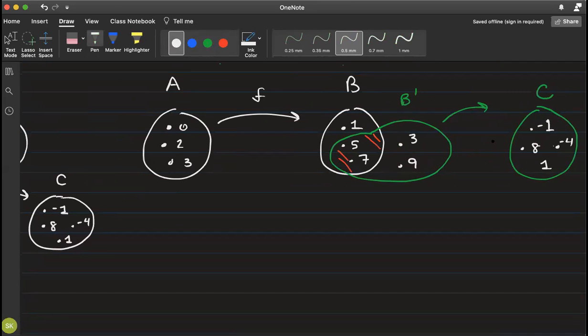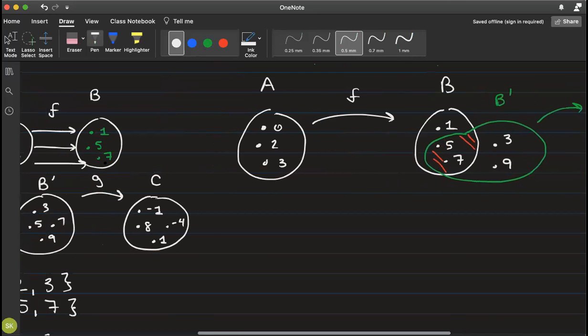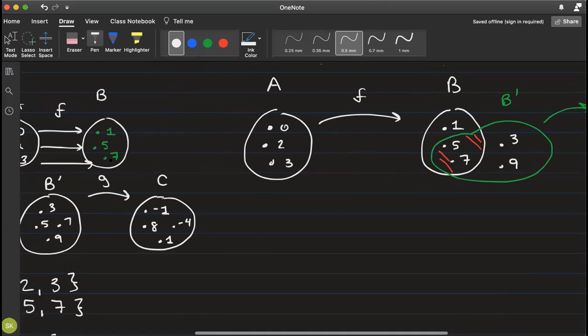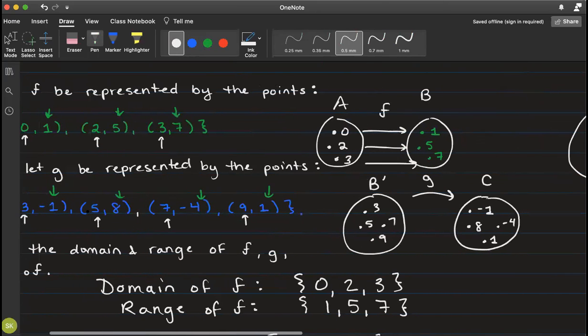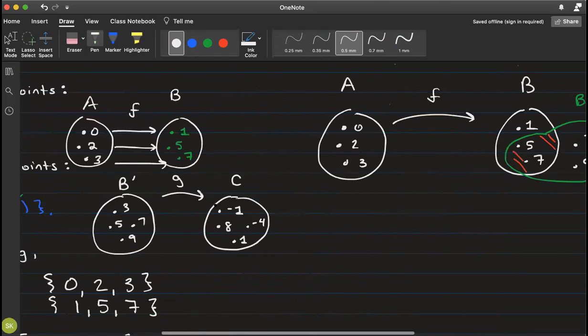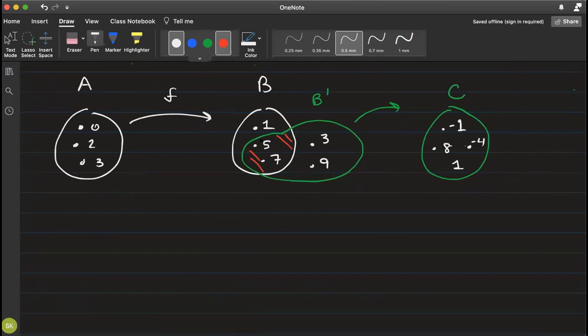Those were the 4 numbers that these 4 numbers go to. Now, 5 and 7 are inside this green set, and they're inside this white set. And we have over here that 5 is sent to 8, and 7 is sent to -4. So what I have right here is going to be sent right here.